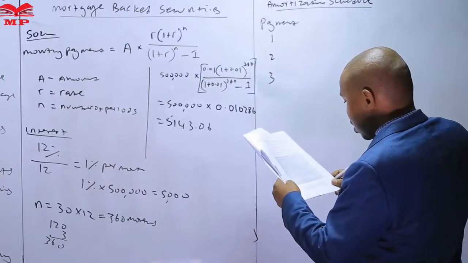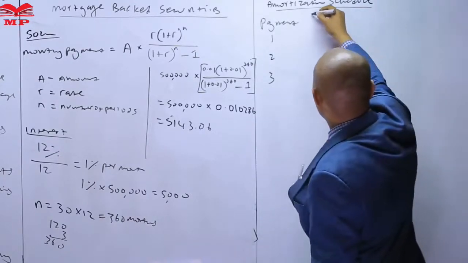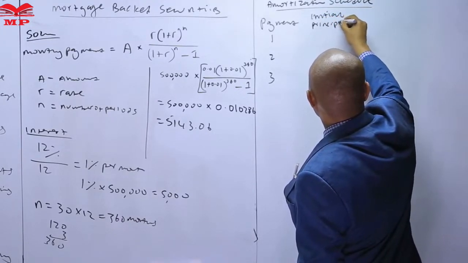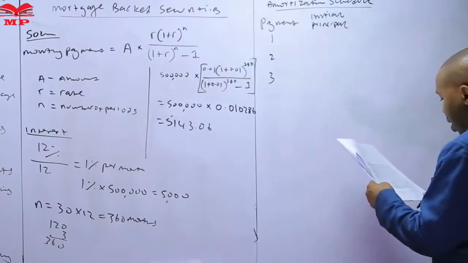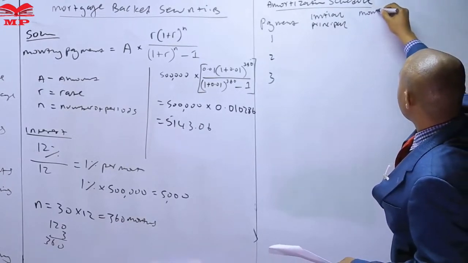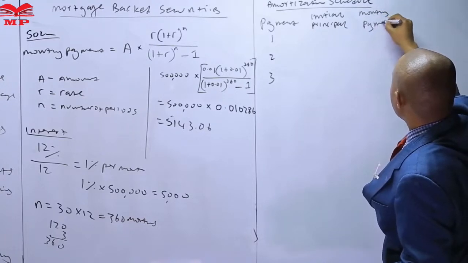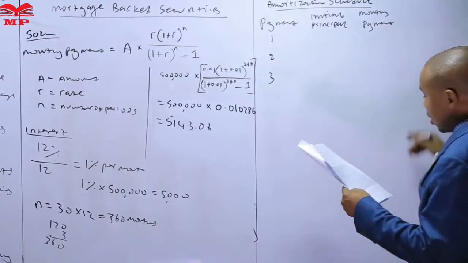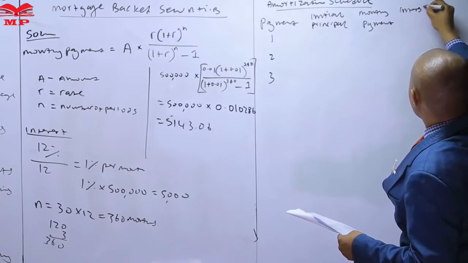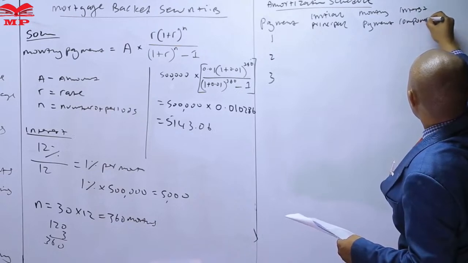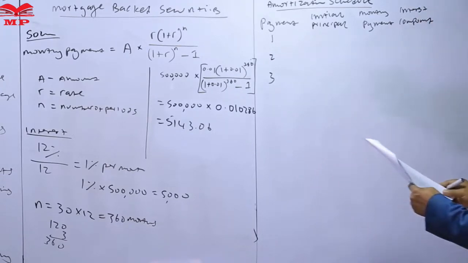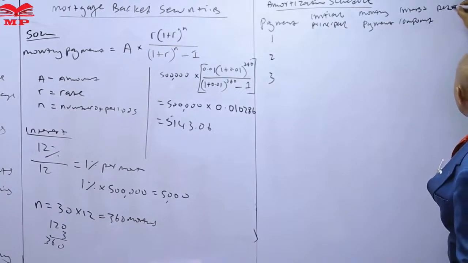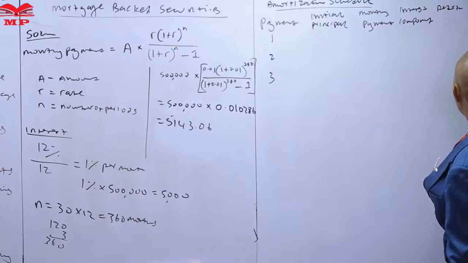Then we will also need a column that has got initial principal. Then we have monthly payment, and then we have now the interest component, then the reduction of principal, then outstanding principal there.